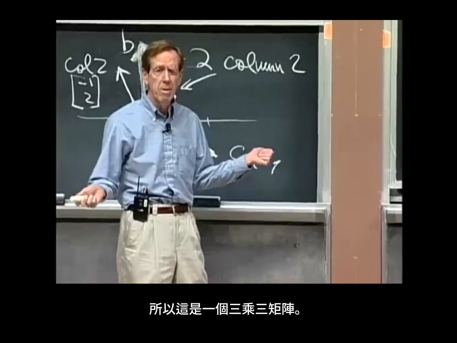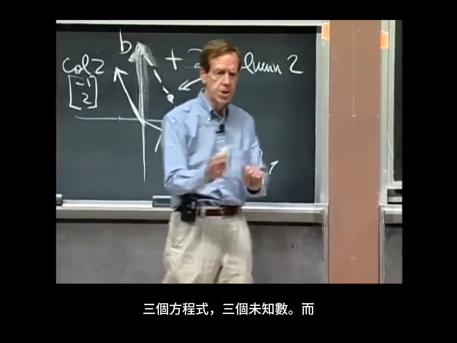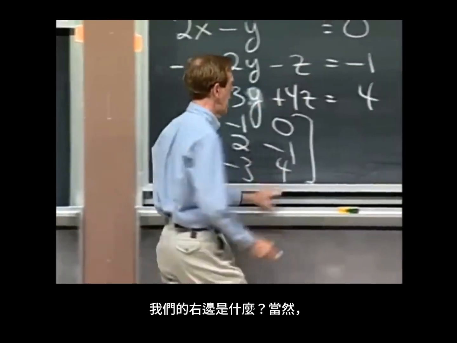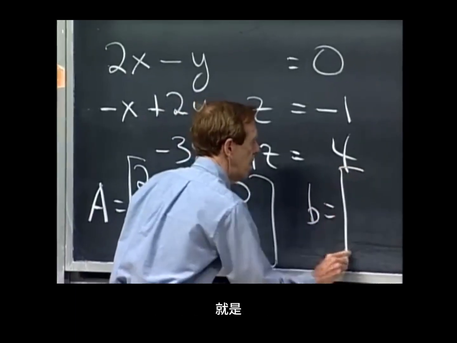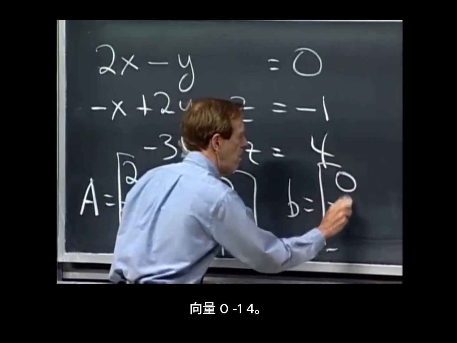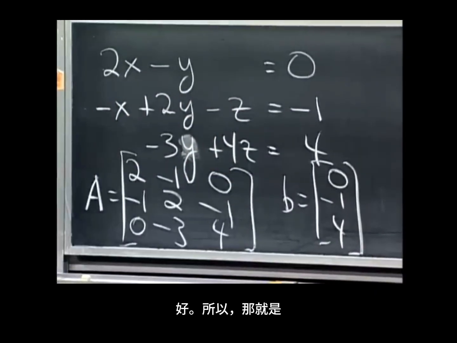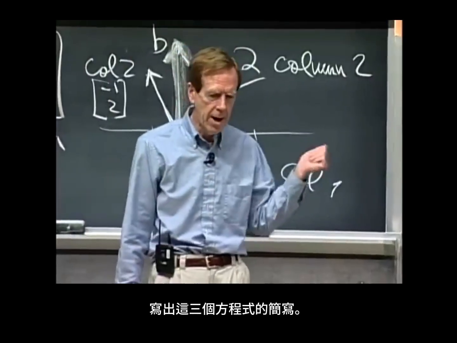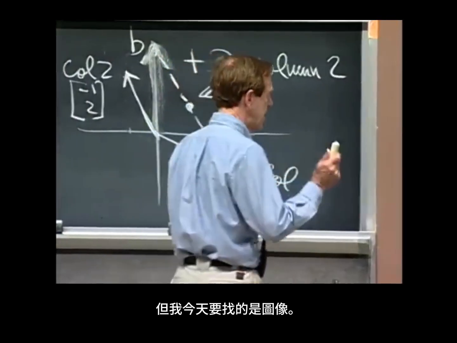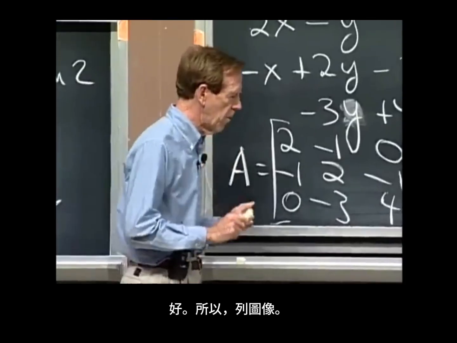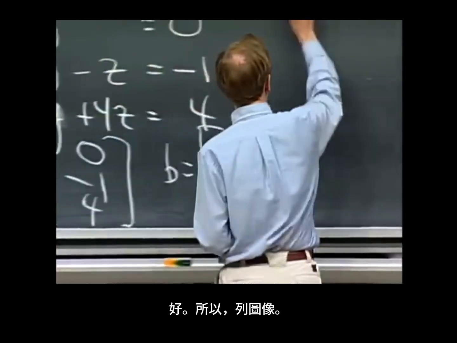So it's a 3-by-3 matrix. 3 equations, 3 unknowns. And what's our right-hand side? Of course, it's the vector 0, minus 1, 4. Okay. So that's the shorthand to write out the 3 equations. But it's the picture that I'm looking for today. Okay. So the row picture.